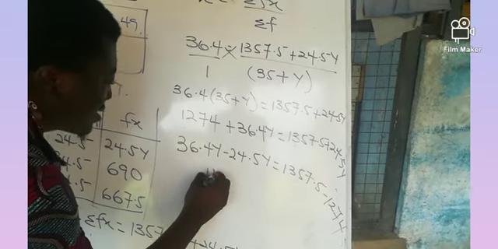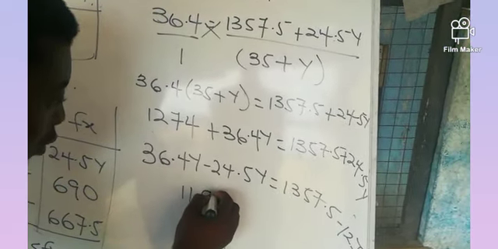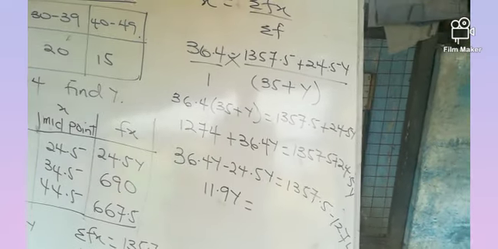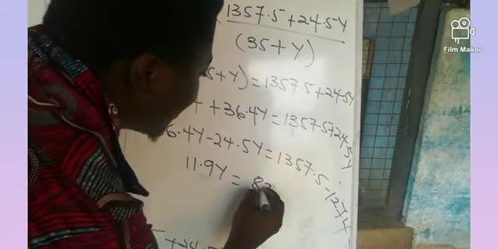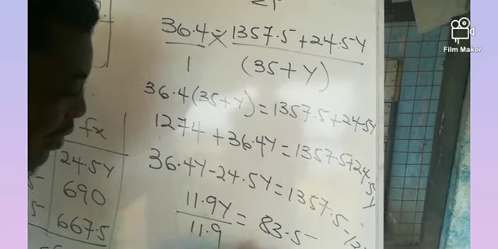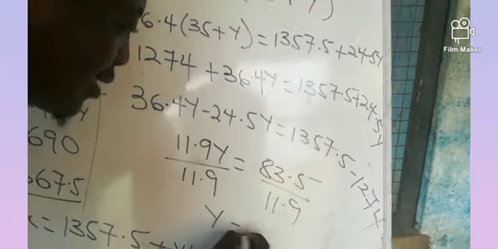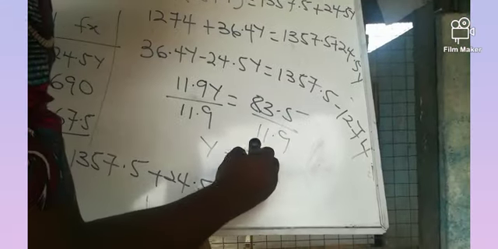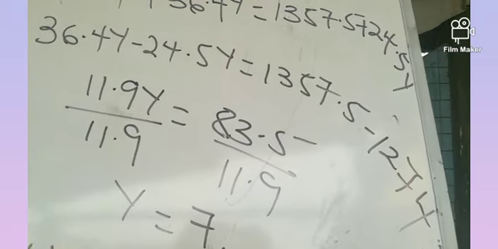This is going to give us 11.9y is equal to 83.5. So you can divide by 11.9, and you get y is equal to 7. That's the answer to the last question.